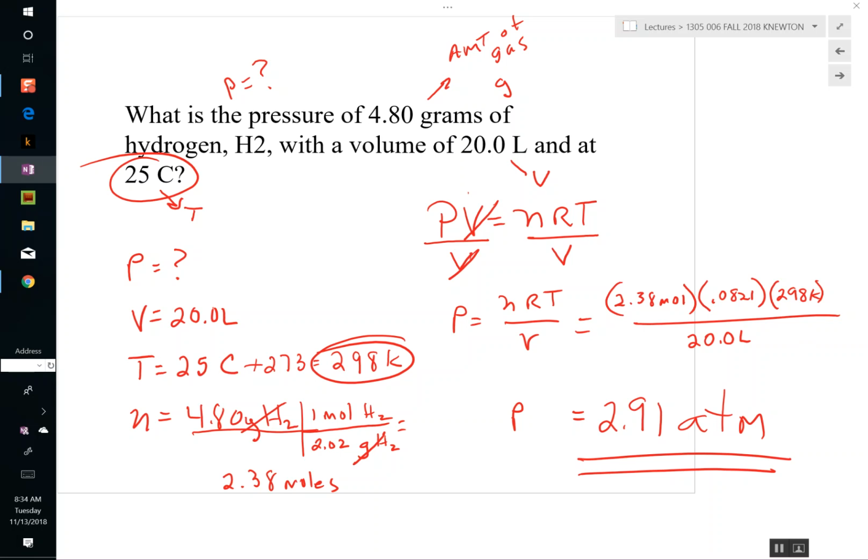Avogadro's law. So the ideal gas law is bringing those three laws together, those relationships. Pressure times volume is a constant. Volume divided by temperature is a constant. Volume divided by the number of moles of the gas is a constant. And if we put all those different constants together, we get the ideal gas law constant R.